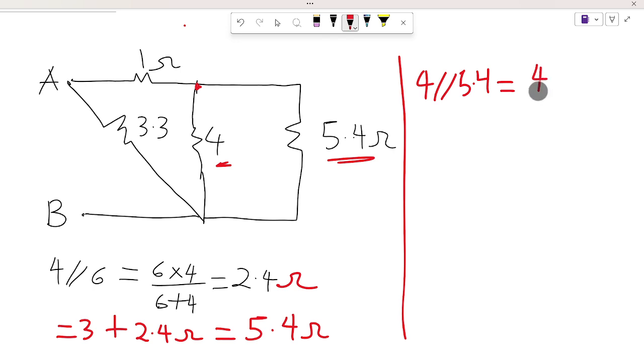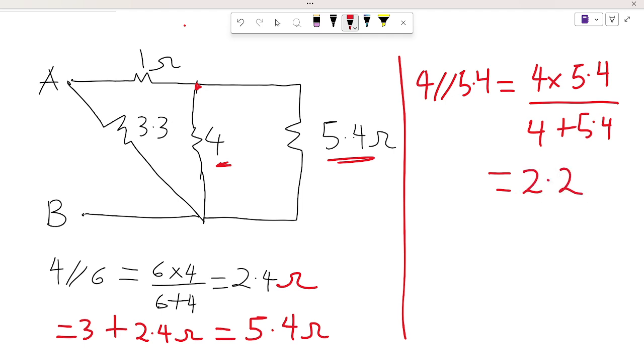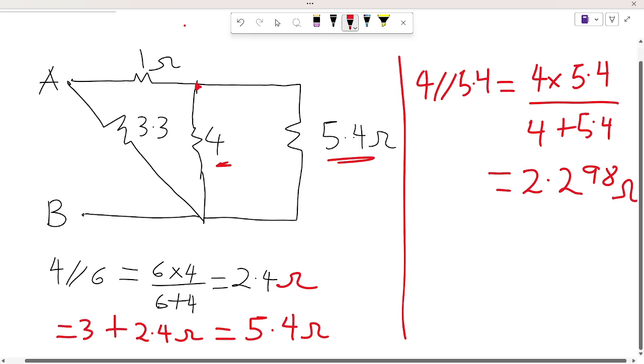We get 4 times the 5.4 ohms all over 4 plus 5.4 ohms, and when you simplify using your calculator, you're supposed to get approximately 2.298 ohms. So we can further reduce our circuit.